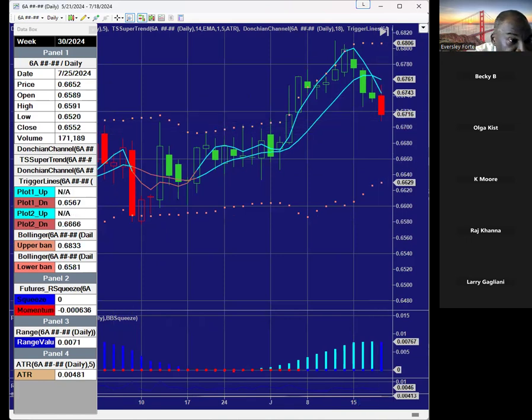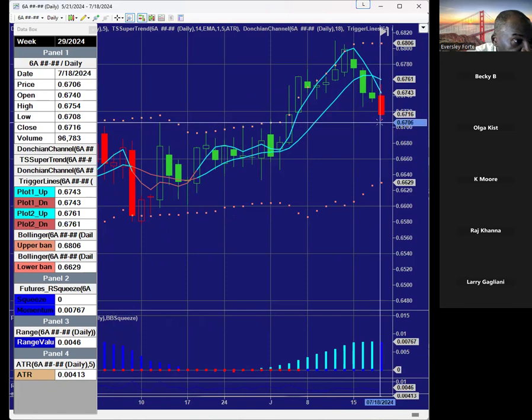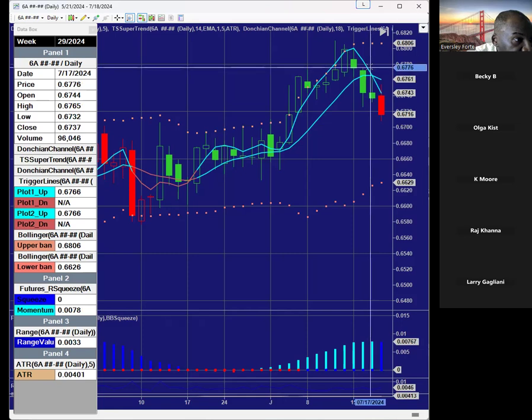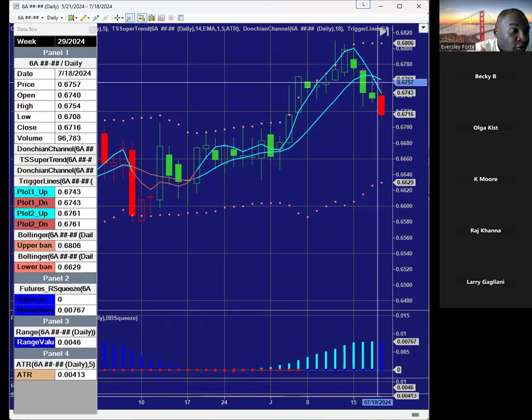I check my plan to make sure it's good statistically, and it's good to go. Then I come back and put in my entry 10 ticks below, my target 45% below the entry, and my stop loss 10 ticks above. It's all in one order. Place the order and you walk away.